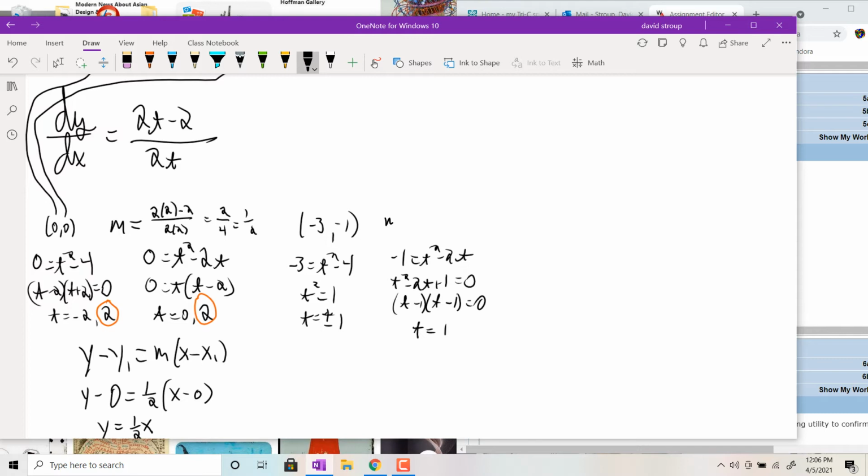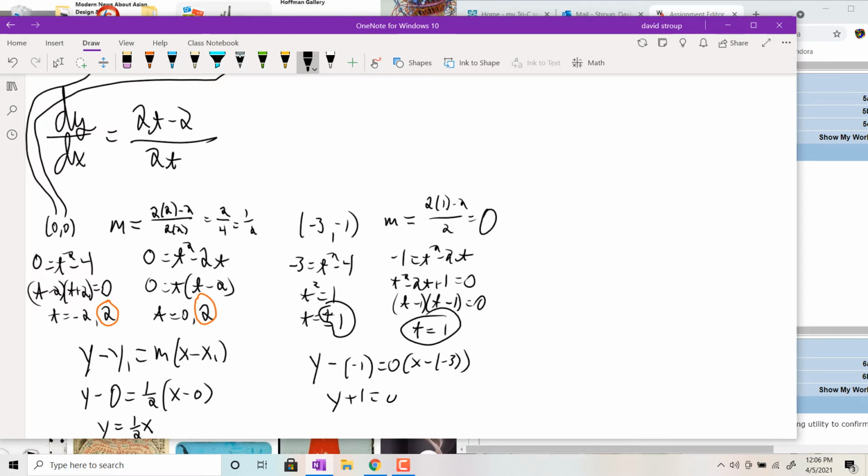So for our slope, you're plugging in 1 for t. So it would be 2 times 1 minus 2 all over 2 times 1 is 2. 2 minus 2, that's just 0. So we get y minus -1 equals 0 times x minus -3. So y plus 1 is 0, so y is -1.